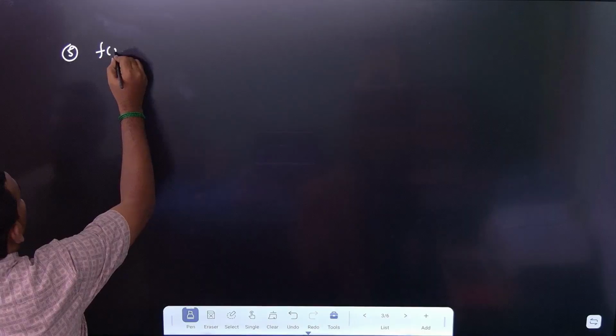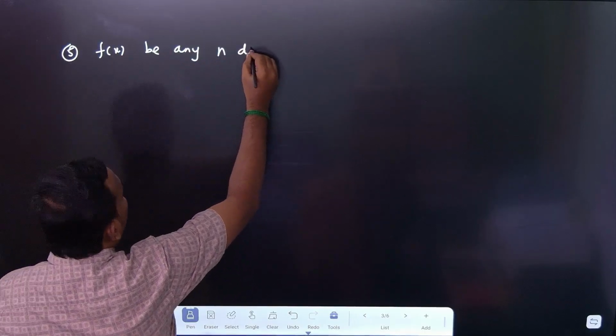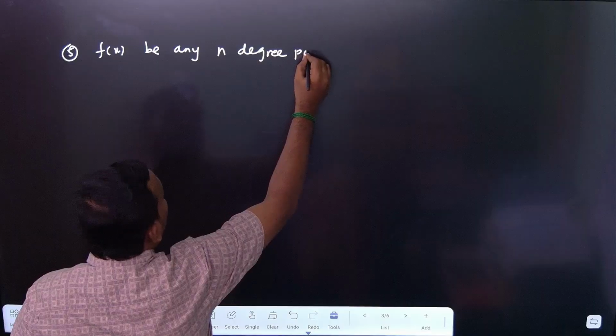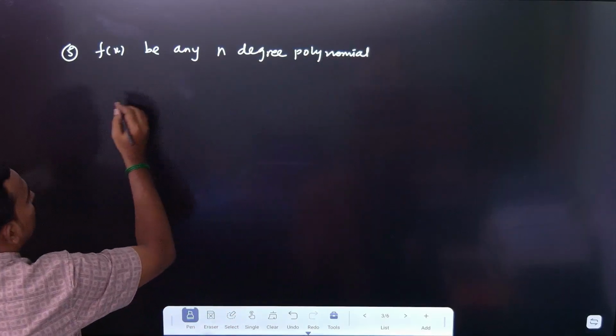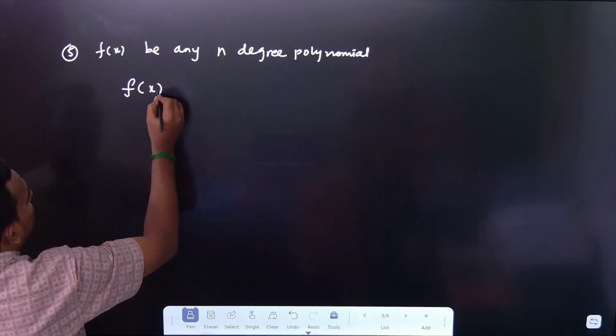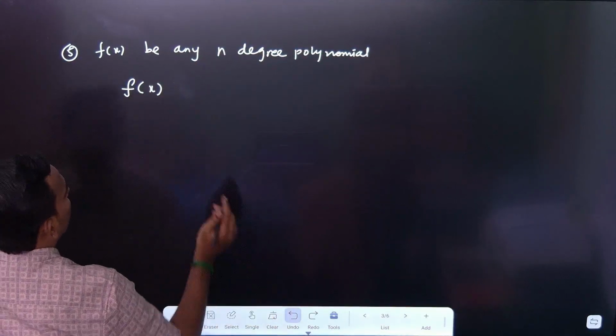You can see the f of x be any n degree polynomial that satisfies the condition. What is that? F of x into, it is multiplication only, no?